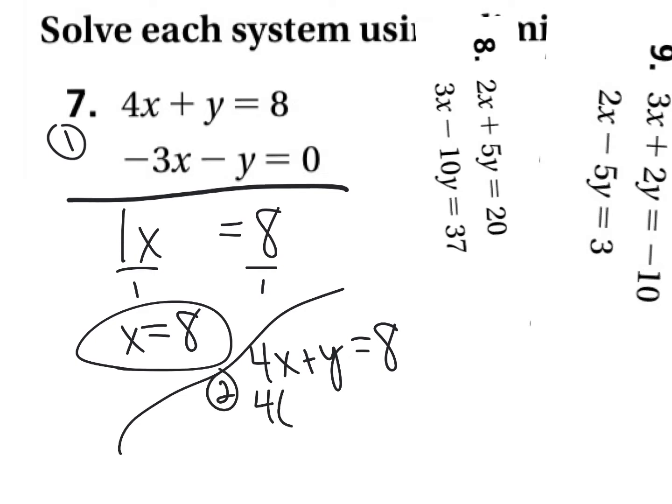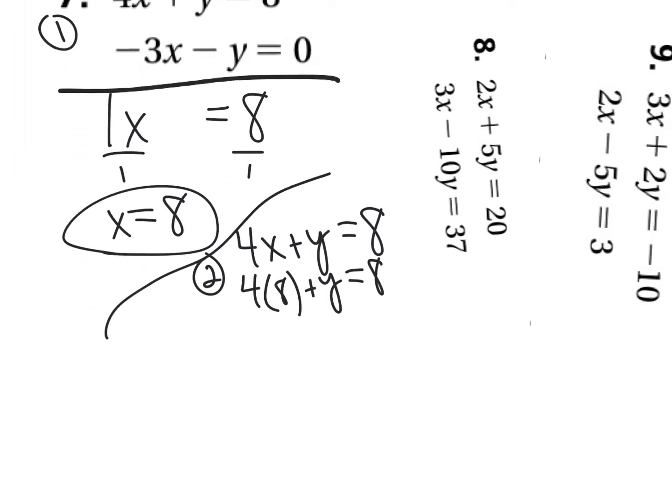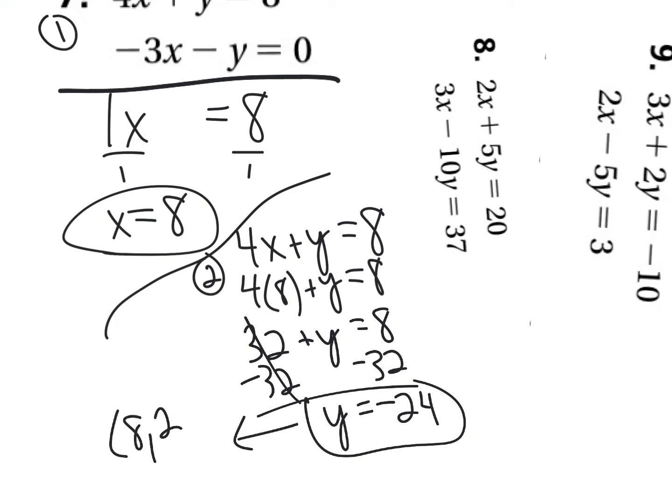So if x equals 8, and then that would be negative 24. So 8, negative 24 should be our answer for that one.